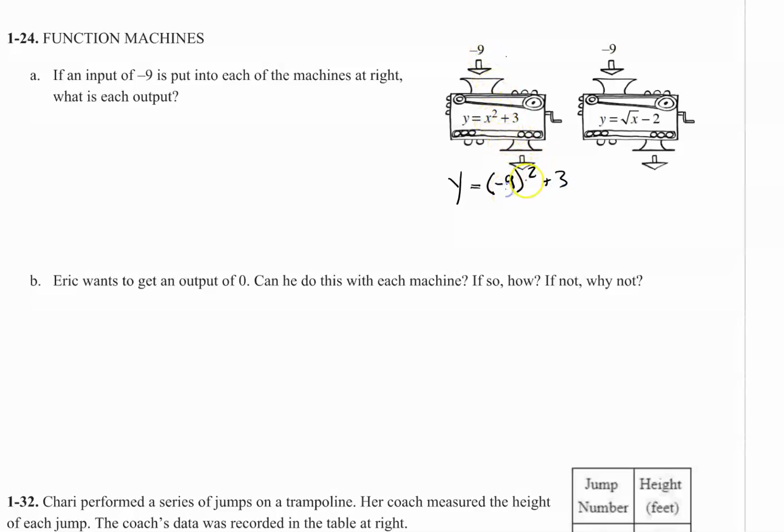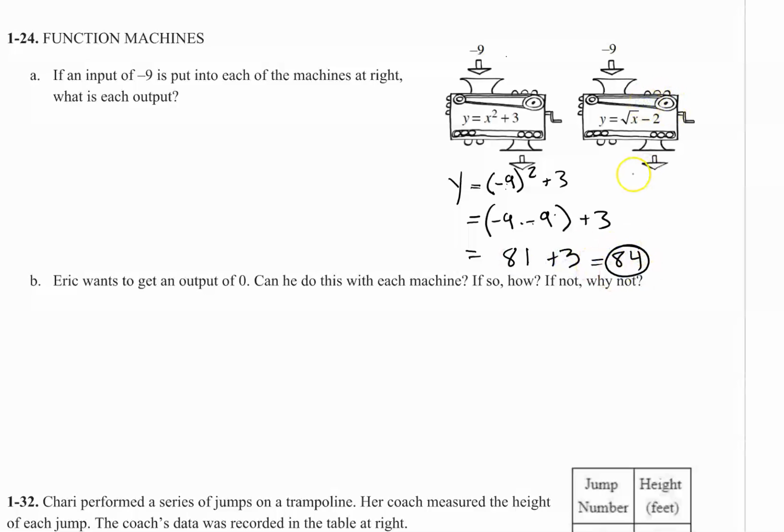So it's (-9) squared, or -9 times -9. A number squared is a number times itself. So 9 times 9 is 81, and then negative times negative is positive. So we have 81 plus 3 for 84.